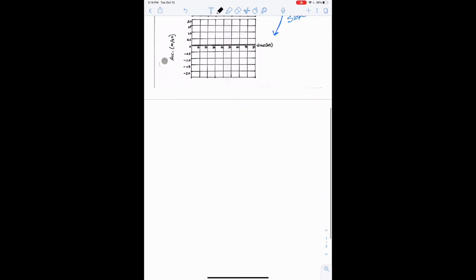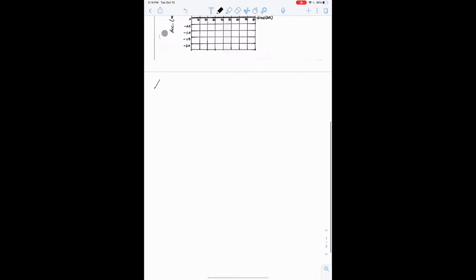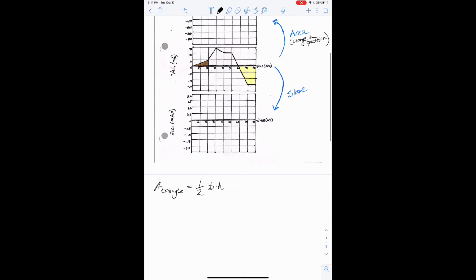So what we can say then is that the area of that triangle is equal to 1/2 the base times the height. And if we go back up and look at that, it looks like the base is 20 seconds and the height is 10 meters per second.